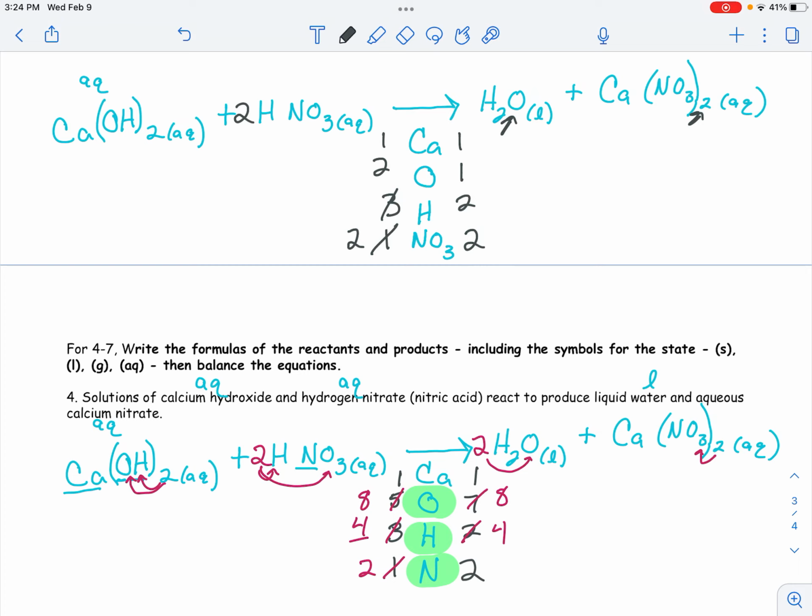So now my hydrogen, I have 2 hydrogen in my HNO3, I have 2 in my hydroxide, so that's going to change my hydrogen to a 4. In order to change that, I'm going to add a 2 in front here because on my product side I didn't have the proper amount of hydrogens. And so my hydrogens now, with 2 of them, are going to go to 4. And then the oxygen, 2 times 2 is also 4.